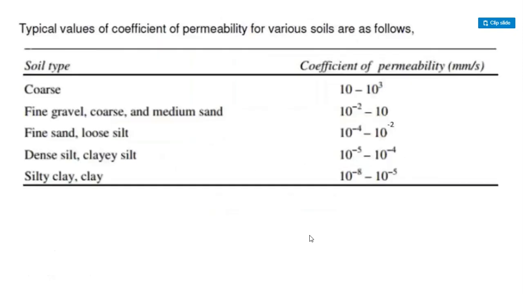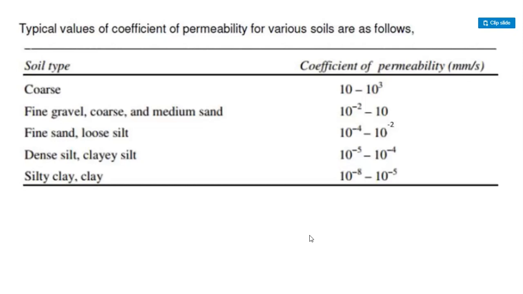The typical values of coefficient of permeability for various soils are as follows. Soil type coarse, coefficient of permeability 10 to the 10 power cubic millimeters per second. Fine gravel, coarse and medium sand: 10 power minus 2 to 10 millimeters per second.